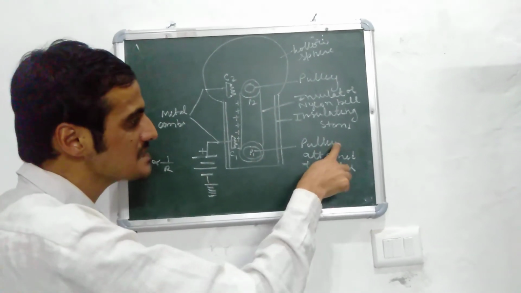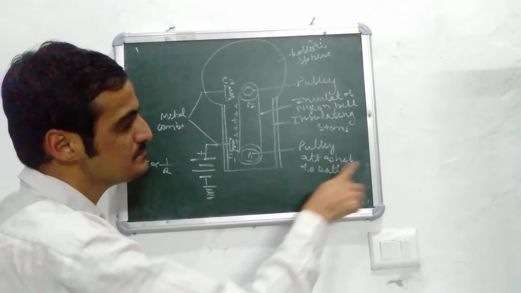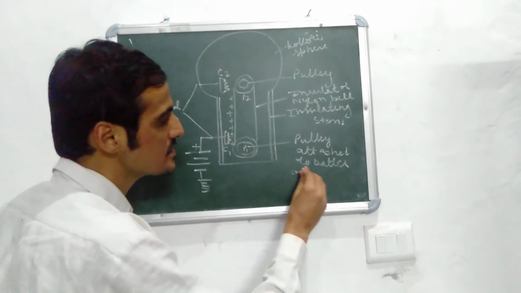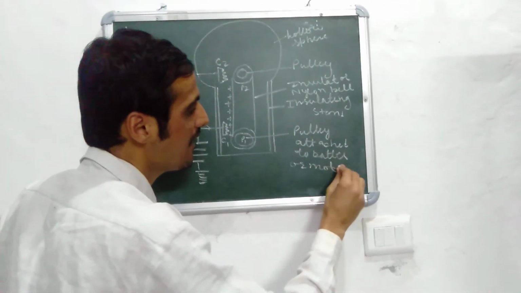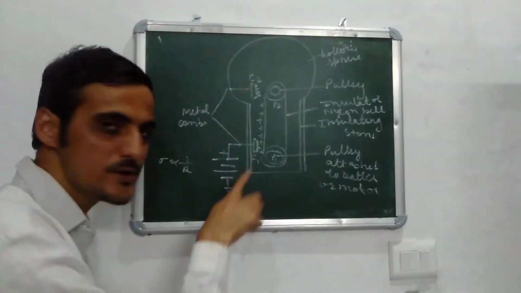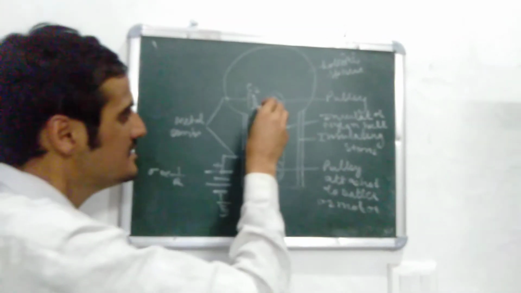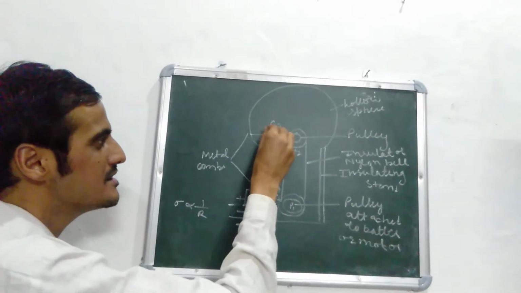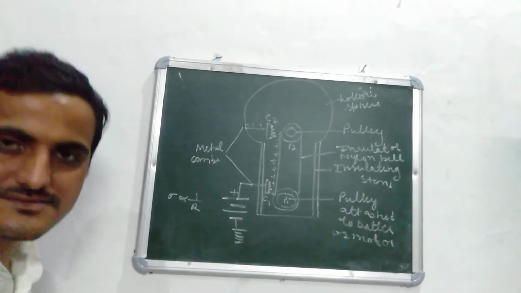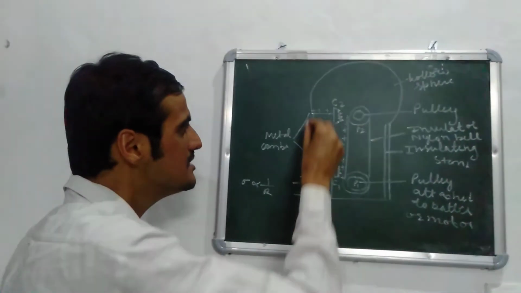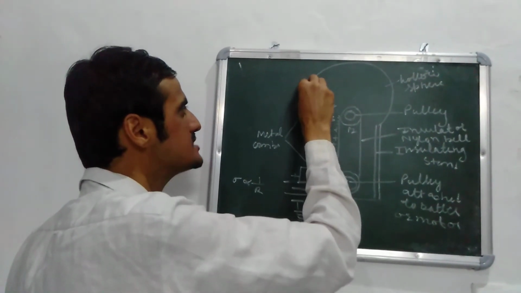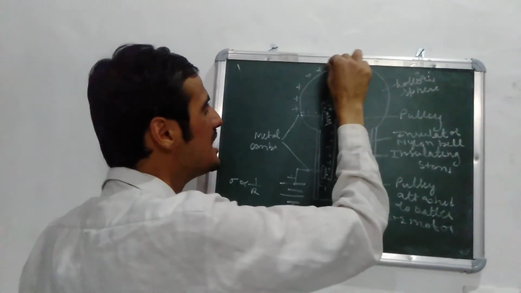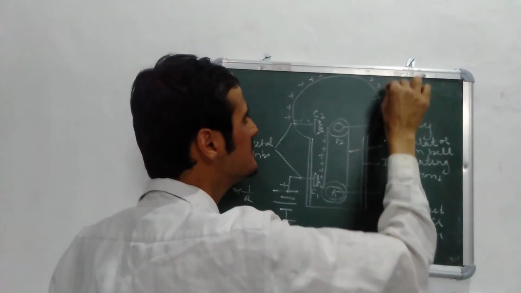Then the pulley, attached with a battery or motor, starts rotating. The charge will go up to that place and then move outside, which is a high potential at the outside of the hollow sphere.